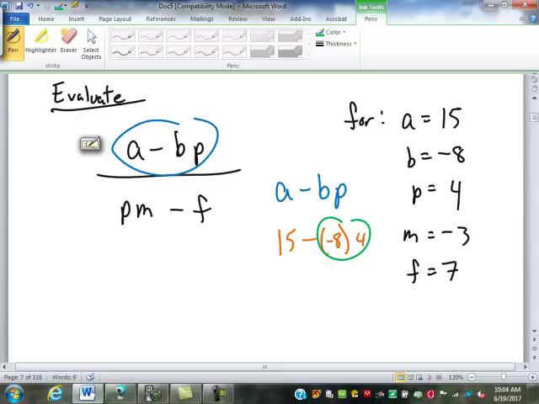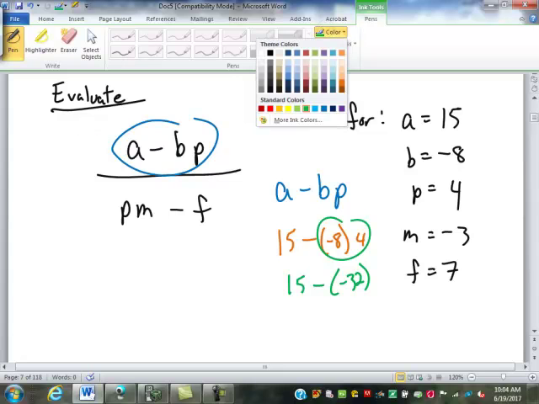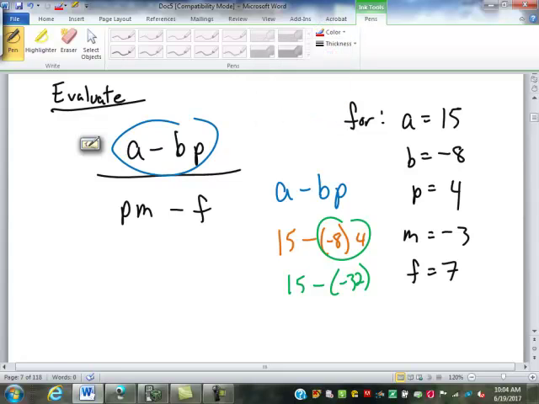Multiply the negative 8 times 4, which is negative 32. So now I have 15 minus a negative 32, which is 15 plus 32. Minus a negative, remember, becomes plus a positive, which is 47.